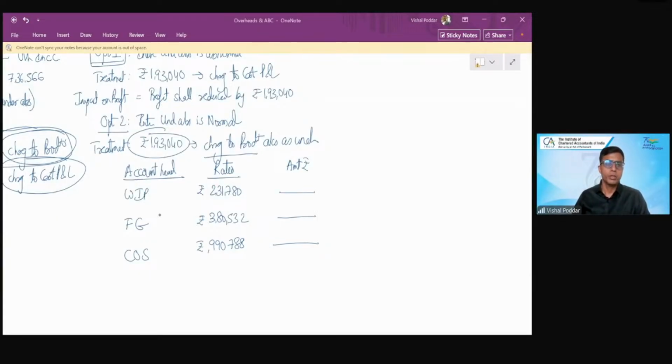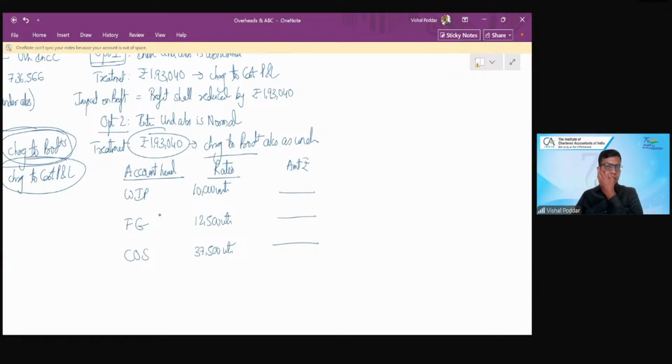Now, a variation can be another type of sum, which is not covered in this example, but that may come. Instead of giving the values of these, they have given you units. So here, the ratio is directly giving the value of WIP, FG, COS. Had it not been a ratio in value, had they given you units, 10,000 units, 12,500 units, and 37,500 units.